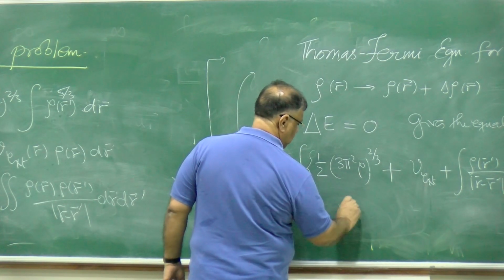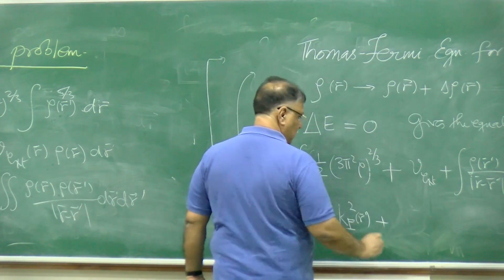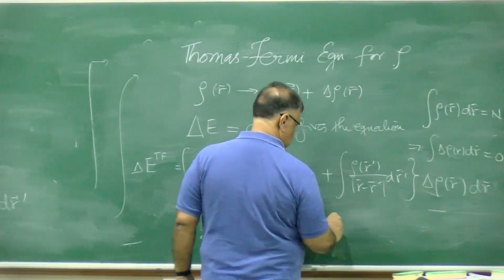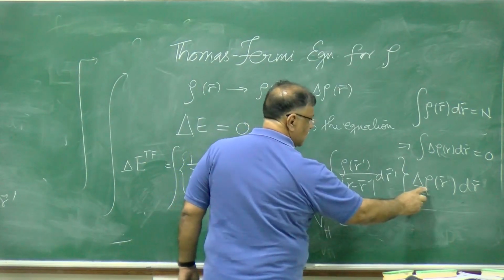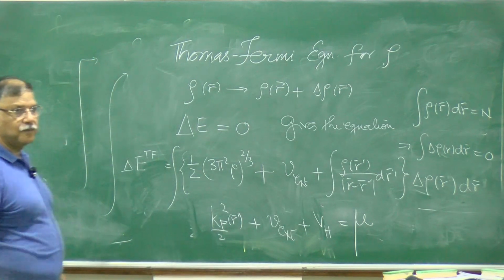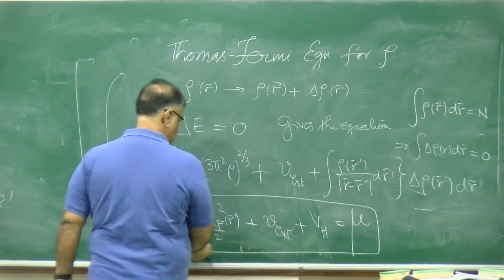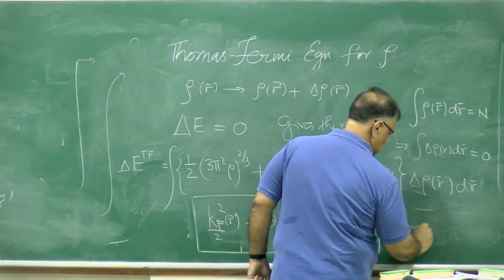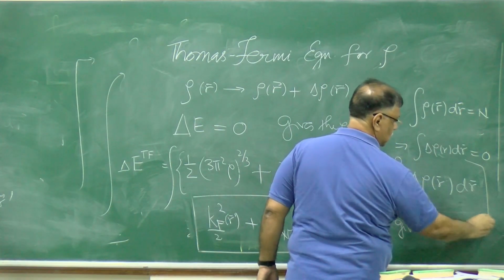KF square by 2, and this depends on r in an inhomogeneous system, plus V external plus V Hartree is equal to some constant mu. This gives delta E to be 0, because of this integral.